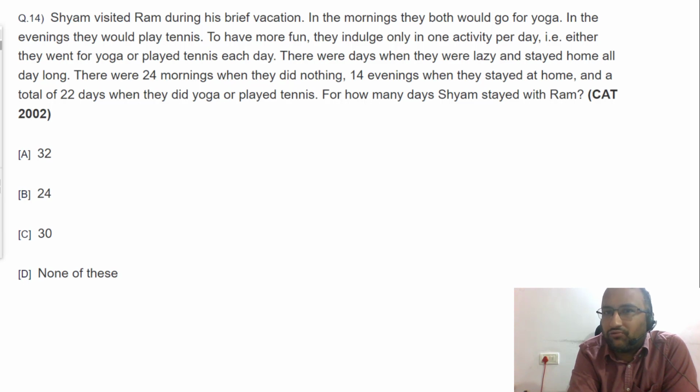There were days when they were lazy and stayed home all day long. There were 24 mornings they did nothing, 14 evenings when they stayed at home, and a total of 22 days when they did yoga or played tennis. Then for how many days did Shyam stay with Ram?